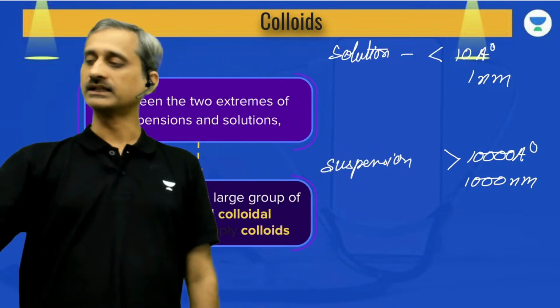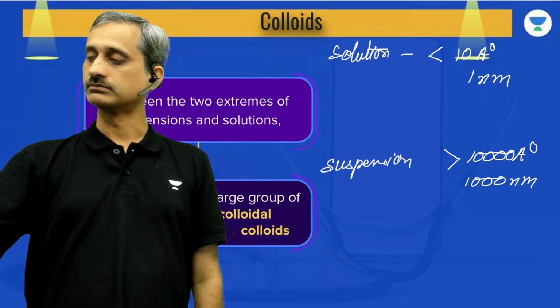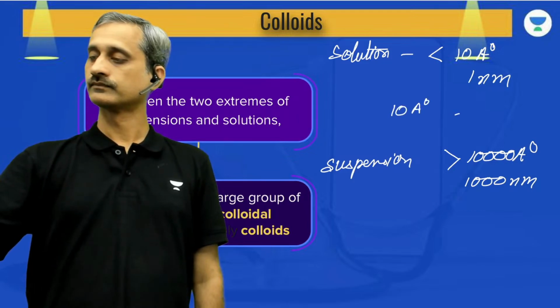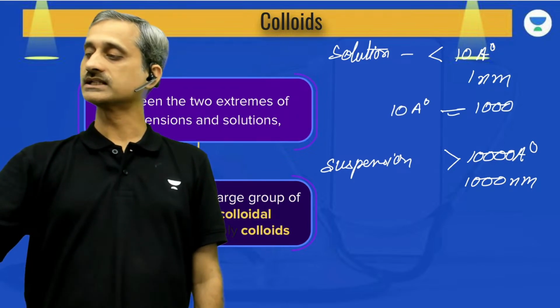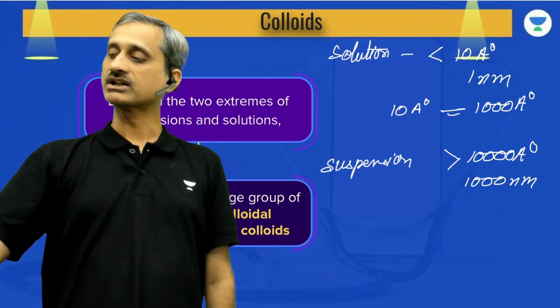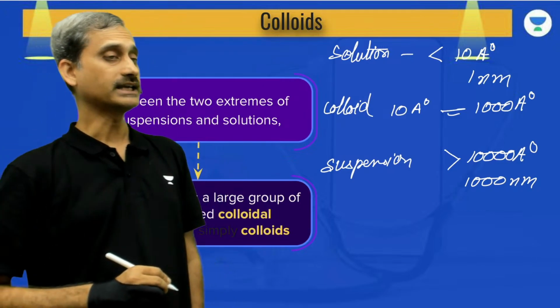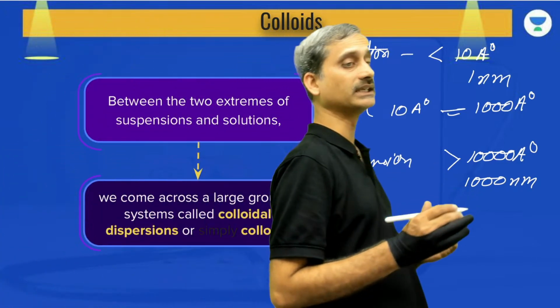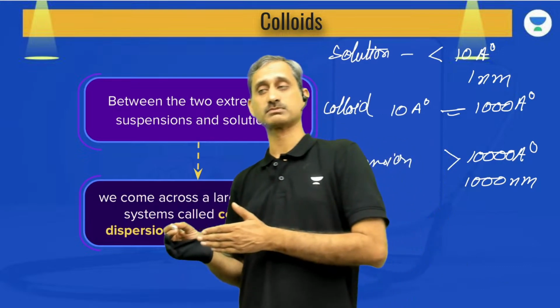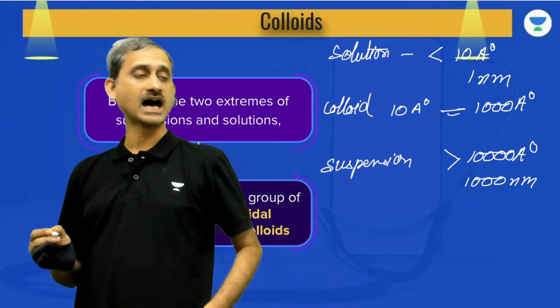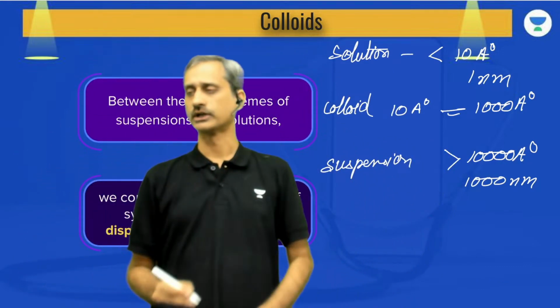And in between 10 angstrom and 10,000 angstrom, there is a range which is called the colloid. So the colloid is the range in between solution and suspension. So that is what we have as a term called the colloid.